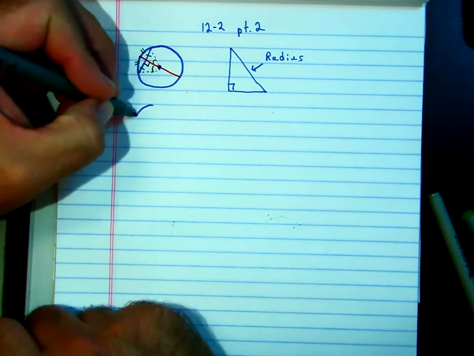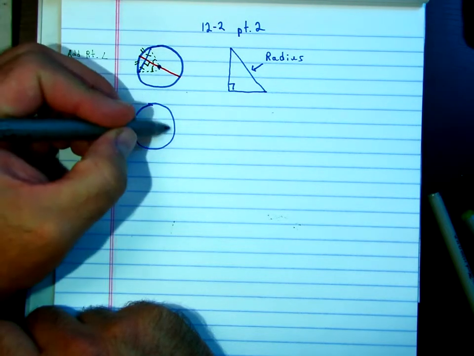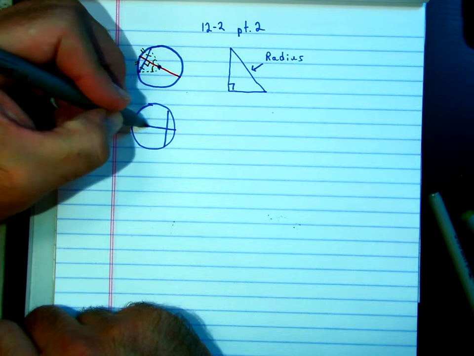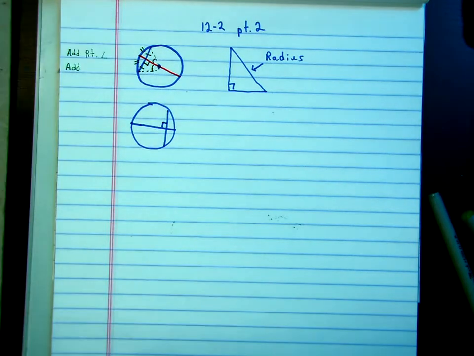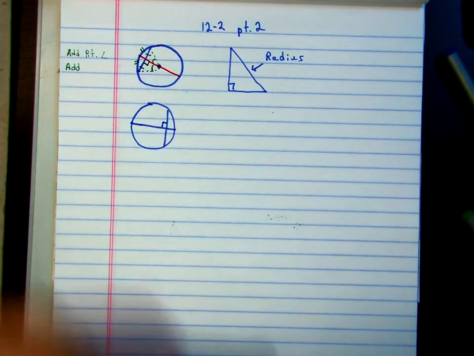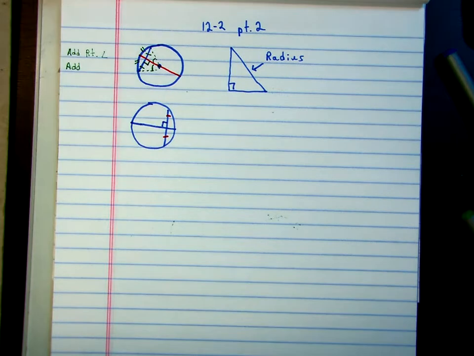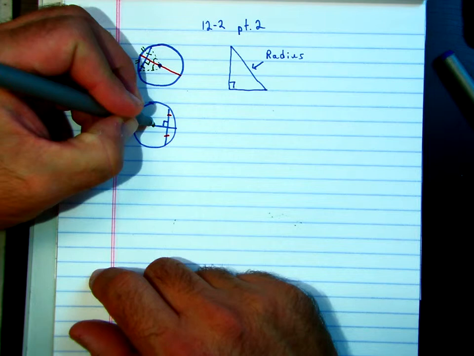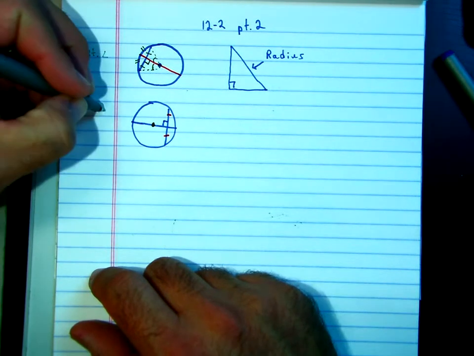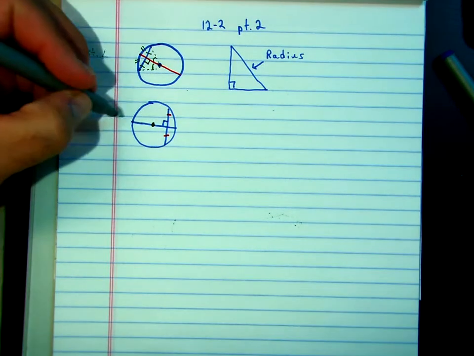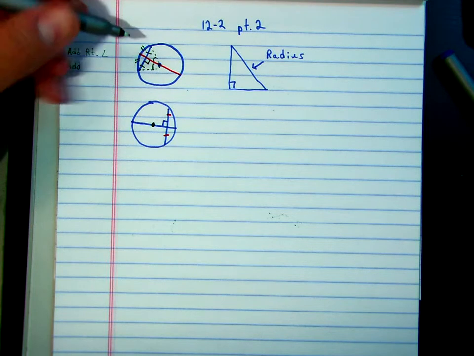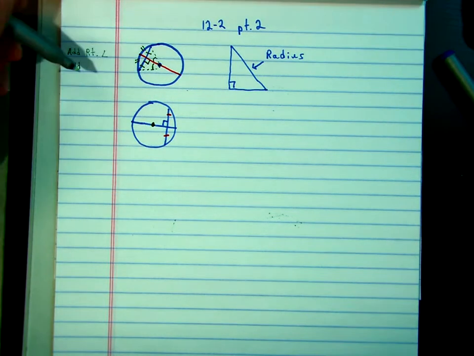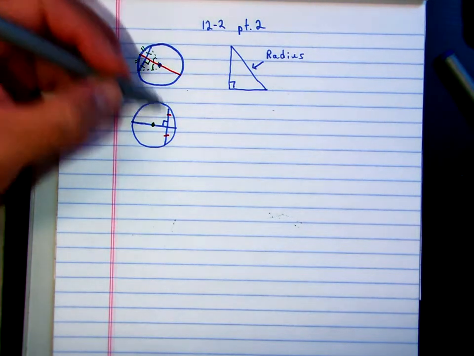So if I draw a circle like this, and I put a chord, even if the drawing's off, and I go like this, and I tell you that it's a perpendicular bisector, then you have to know that the center is there. That's what you're adding. Why? Because the diameter is the only line segment that will be perpendicular bisector to a chord, ever, in a circle. Okay? So those are the things you're supposed to know.